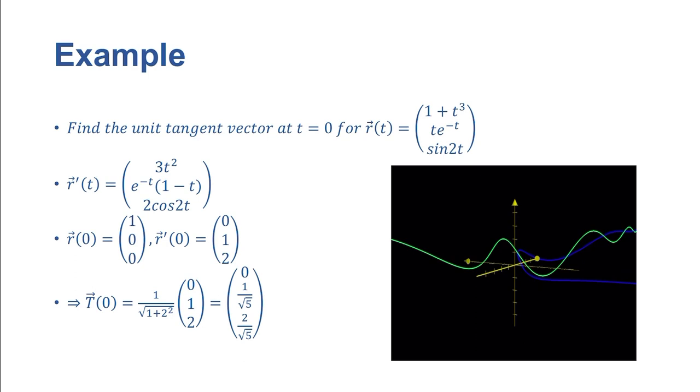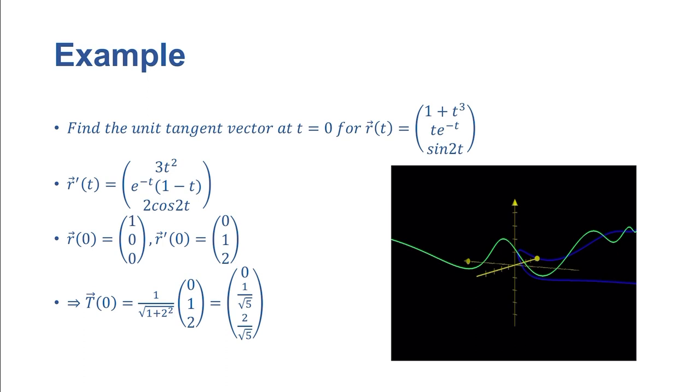So if we deal with this, what we will get is T of 0 is equal to 1 over the square root of our components, 1 plus 2 squared, times 0, 1, 2. And then through multiplying all of this out, we get 0, 1 over rad 5, 2 over rad 5.